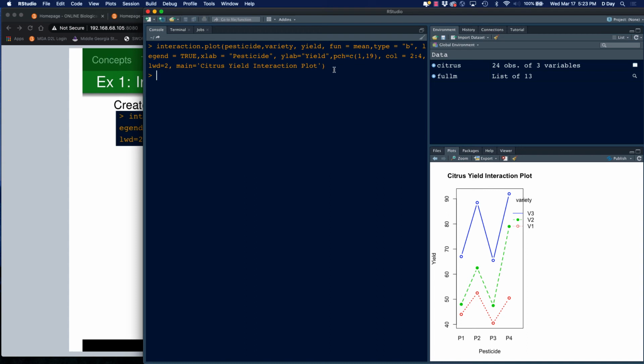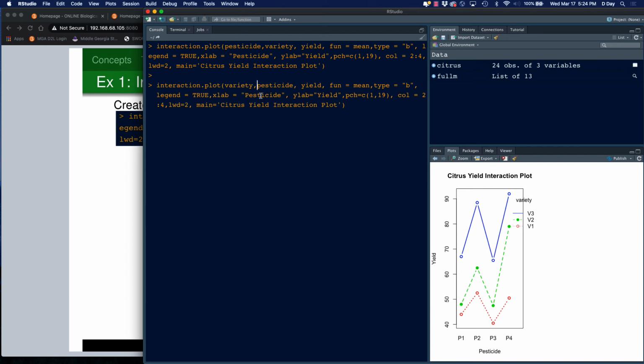Now, what if I flip-flop the factor A and B together? I want you to see what the difference is here. So if I take variety and move that in front of pesticide, then that means that variety is going to be, I'm going to have V1, V2, V3 across my x-axis.